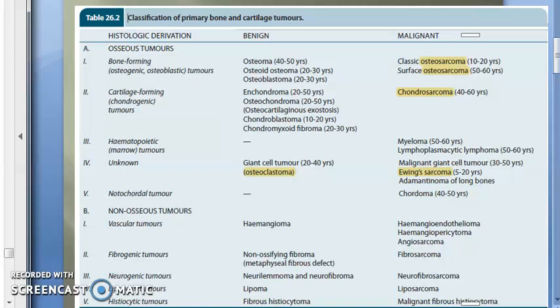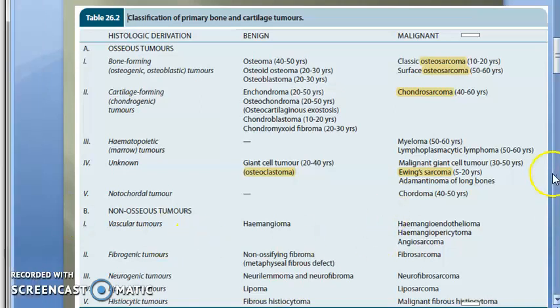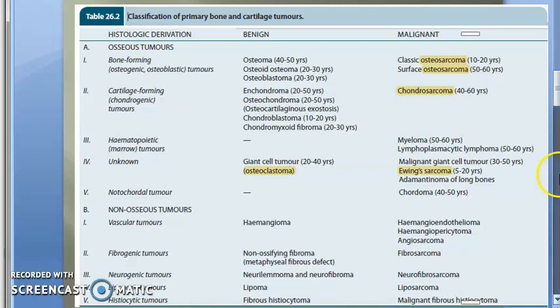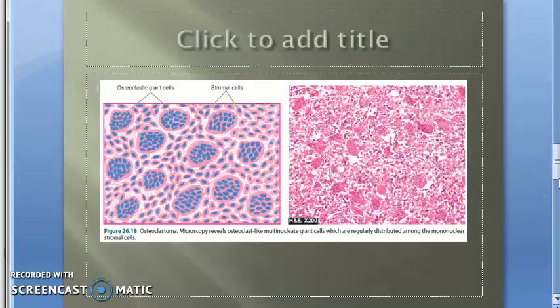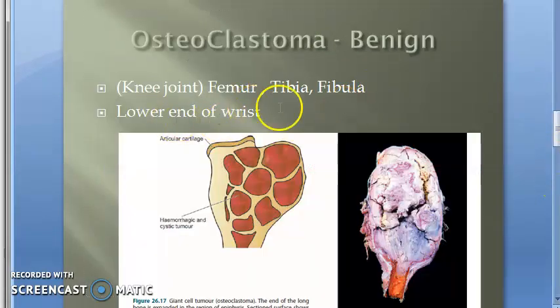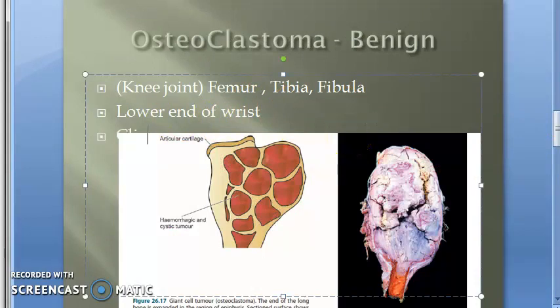Moving on. Clinical features. What are going to be the clinical features? Weight bearing and movement. At these places there will be pain. So what will they present with? Pain. Okay, let's go back here. So what are the clinical features?